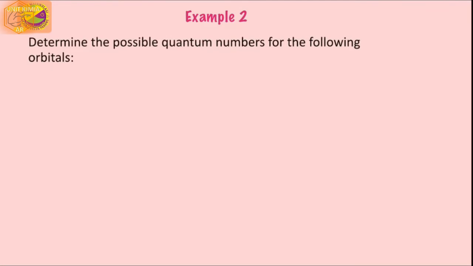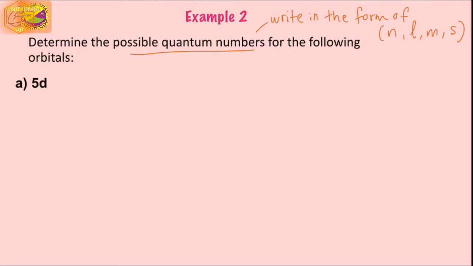Example 2. Determine the possible quantum numbers for the following orbitals. For these questions, we must write the answer in the form of n, l, m, s. A. 5d. The value of n is 5 and the value of l is 2.